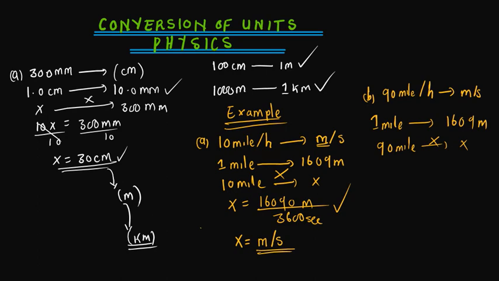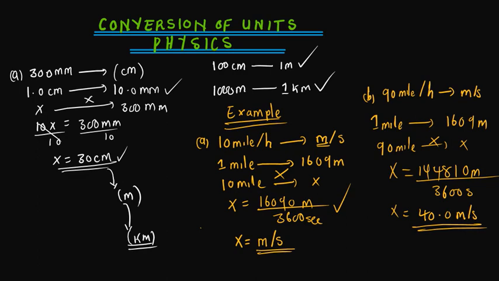Okay, so 90 multiplied by 1609, we are getting something like 144,810. Now remember what I said, this is now in meters, so we want to take it into meters per second. We are going to divide by 3,600 seconds. What is the answer? 40.0 meters per second. So this is just how simple everything is.